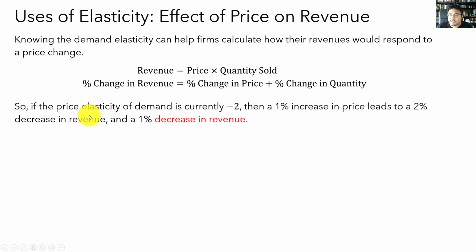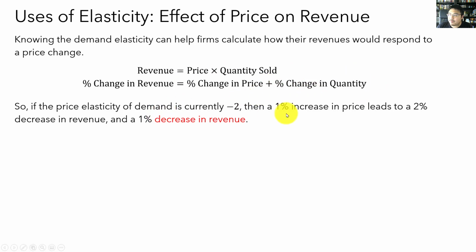Right, let's say the price elasticity of demand for a firm is currently -2. What that means is that for every 1% increase in price, there's going to be a 2% decrease in quantity, right? And so for a 1% increase in price, you get a +1% change in price and a -2% change in quantity.